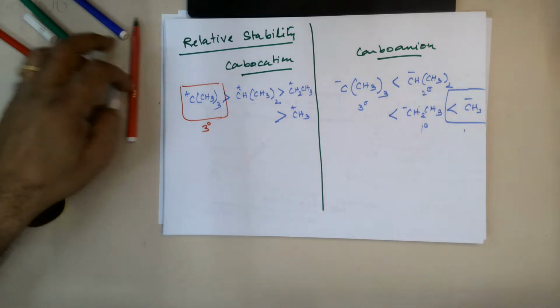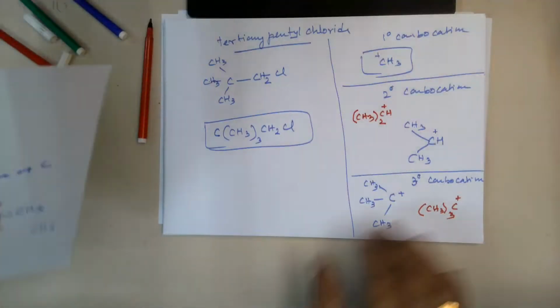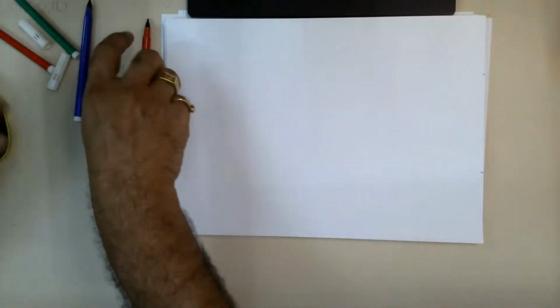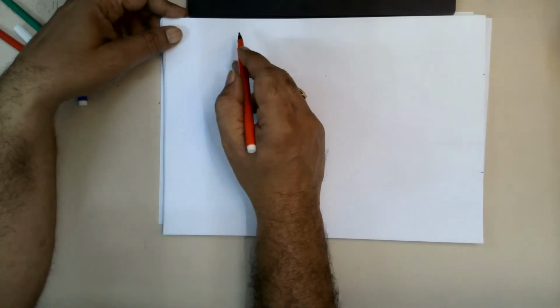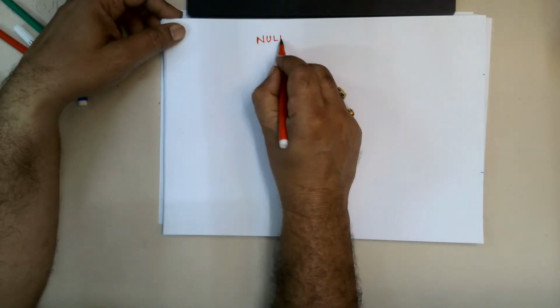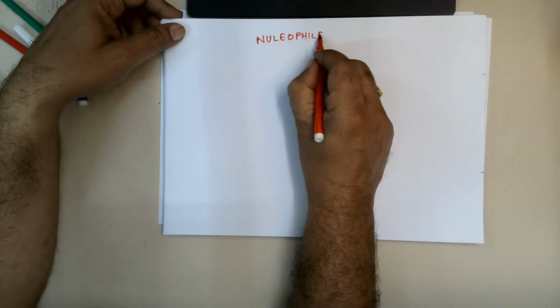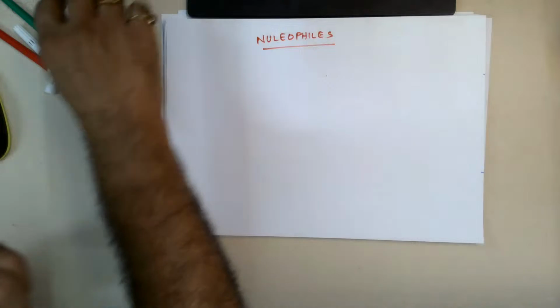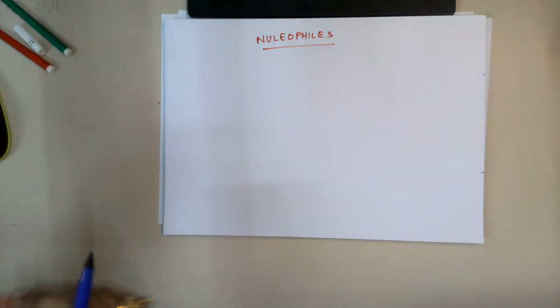Now let us explain about the nucleophiles and electrophiles. Let me start with nucleophiles. Nucleo means nucleus, positive, and phile means attract.